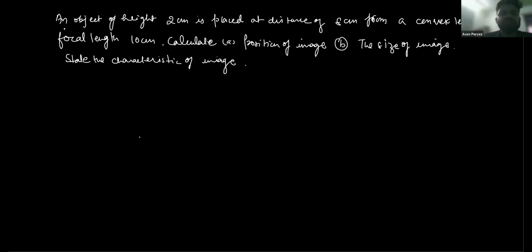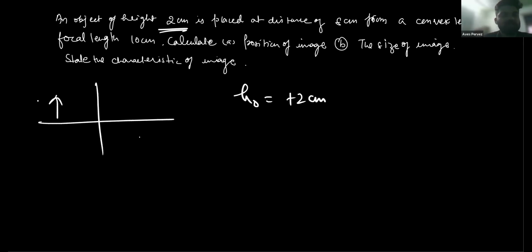Yes, sir, done. So you see that the object is of height 2 centimeter. With sign convention, you have to write each and every thing. The object height is always taken as positive, so you have to write plus 2 centimeter, because the object is always placed this side and this is measured with the positive y-axis. The object distance is always taken as negative, so that is minus 8 centimeter from a convex lens of focal length.